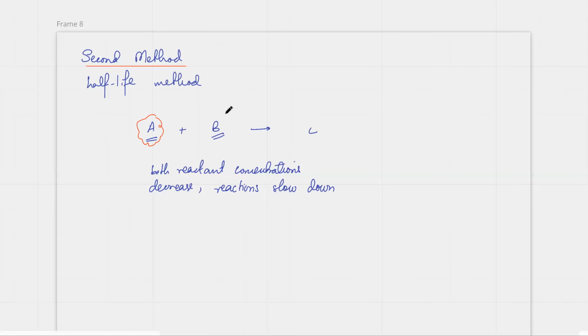I want B to be constant. So how can I keep it constant? The only way I can keep B constant in a reaction is to add it in large excess. So B's concentration would in effect be constant.